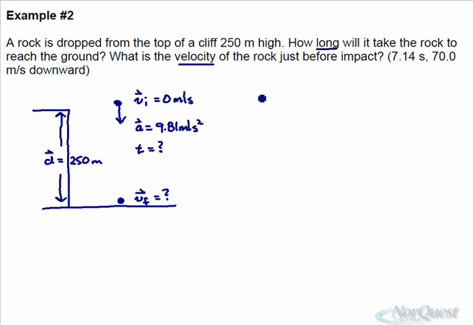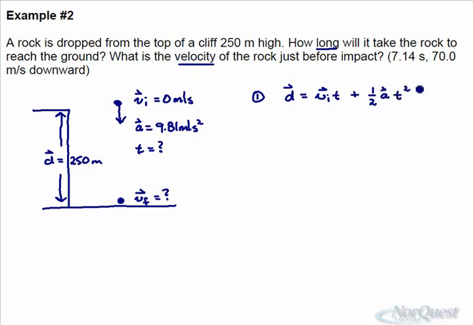To calculate time, this is the formula that comes to my head right away off my data sheet. Since we're dealing with kinematics, distance equals initial velocity times time plus 1/2 times the acceleration times time squared.